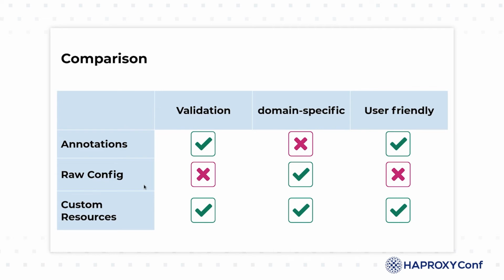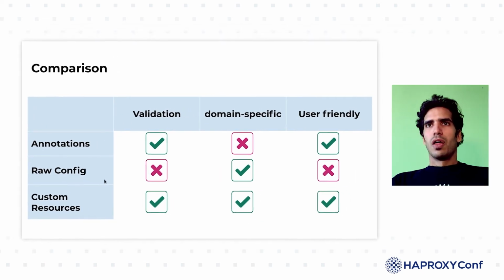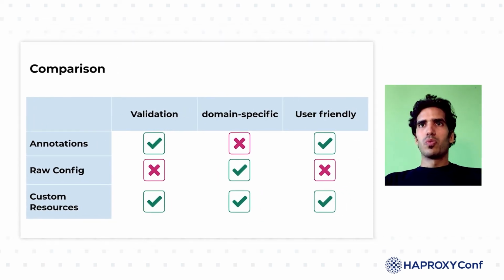And custom resource is the best choice, because we can check all the features, which are validation, the domain specific input, and it can be user friendly. Actually, this depends on how we want to define our custom resource.